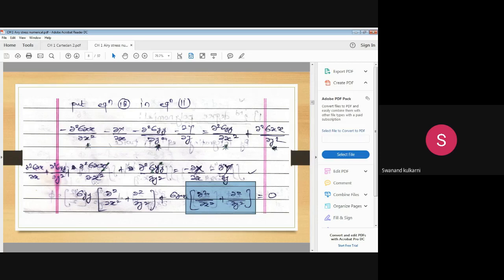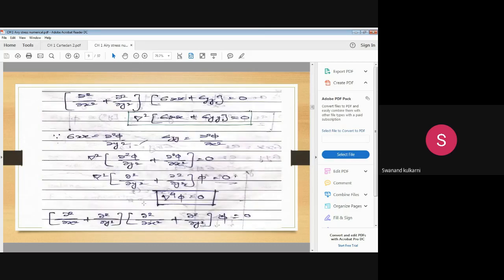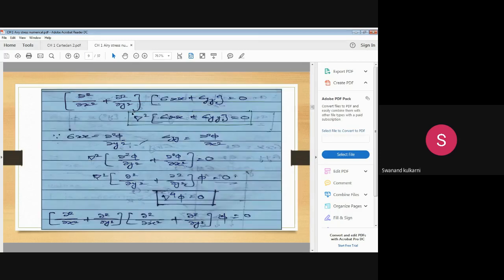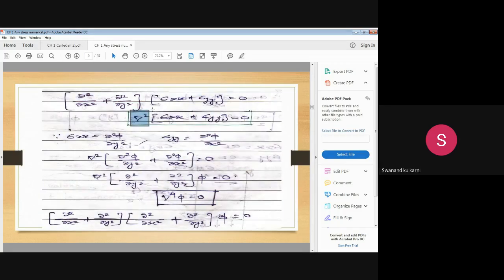So if we take ∂²/∂x² plus ∂²/∂y² as common, then in the bracketed quantity this becomes σxx plus σyy. Is it okay? And then this term will become the del operator, so that is del square. So here we proved del square (σxx plus σyy) is equal to 0.